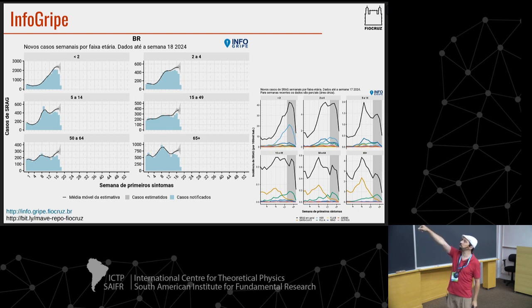For the rest of the population, especially young adults and the elderly, we are still seeing an increase in the number of cases. Okay? We would miss that if we only ran our analysis for the whole population instead of providing age stratification analysis. Okay?